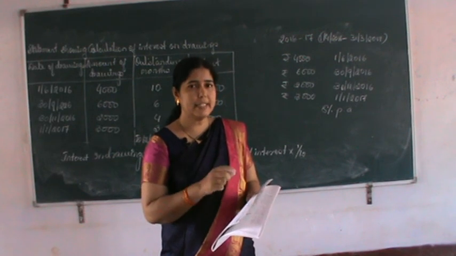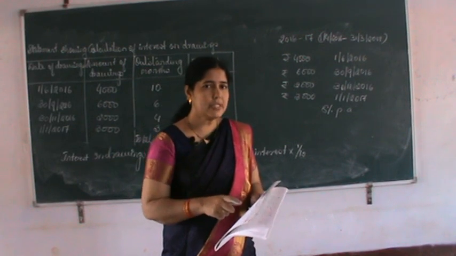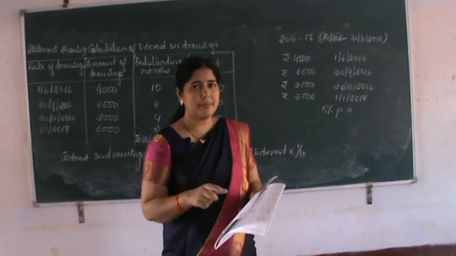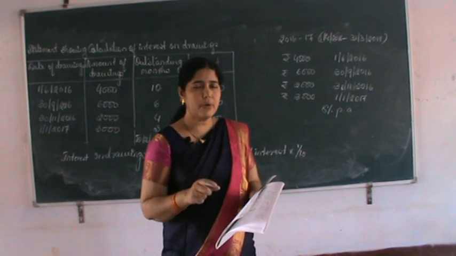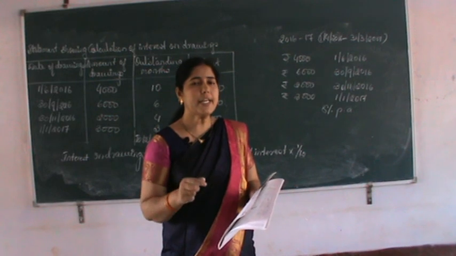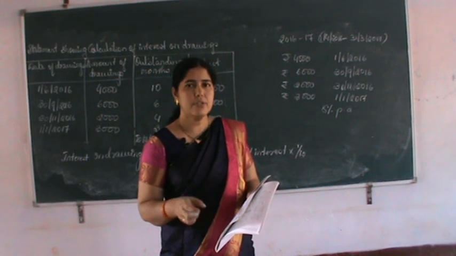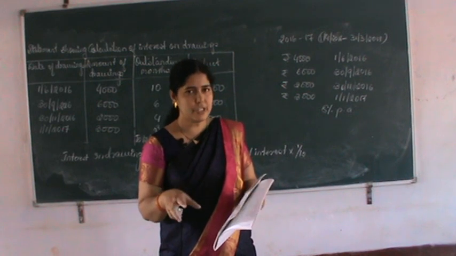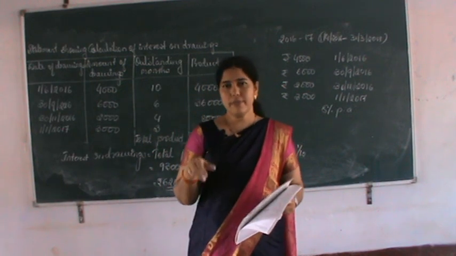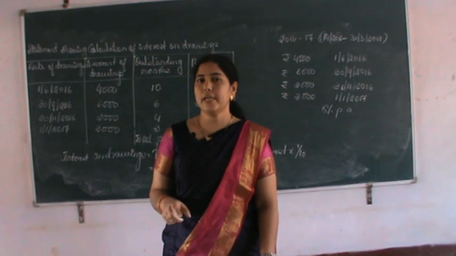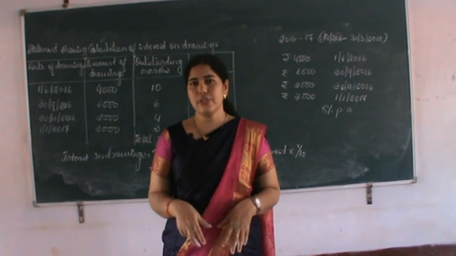So we will see, if the drawings are taken in the same time gap and of the same amount, how the interest will be calculated under the product method. We can apply the average period method also, but we will see now how the product method can be applied in that situation.